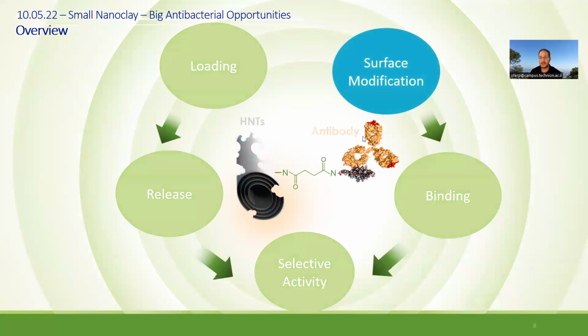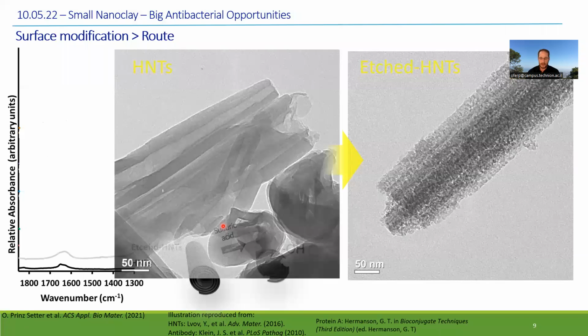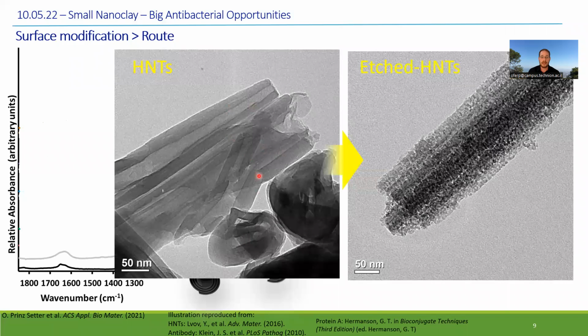So let's start with the surface modification of our raw material, the natural HNTs. On this slide on the left, you would find the relevant FTIR spectra for each synthetic route. The first step is the acidic etching of HNTs, eliminating the alumina from this natural clay and leaving only amorphous silica, exposing more hydroxyl groups and increasing the surface area by 5-fold.